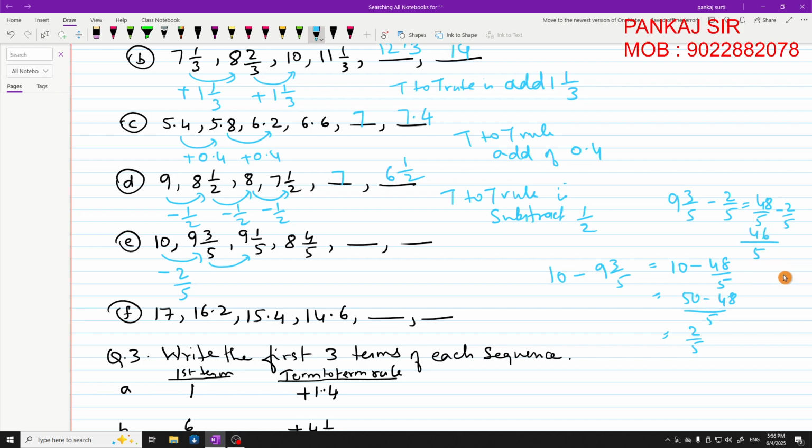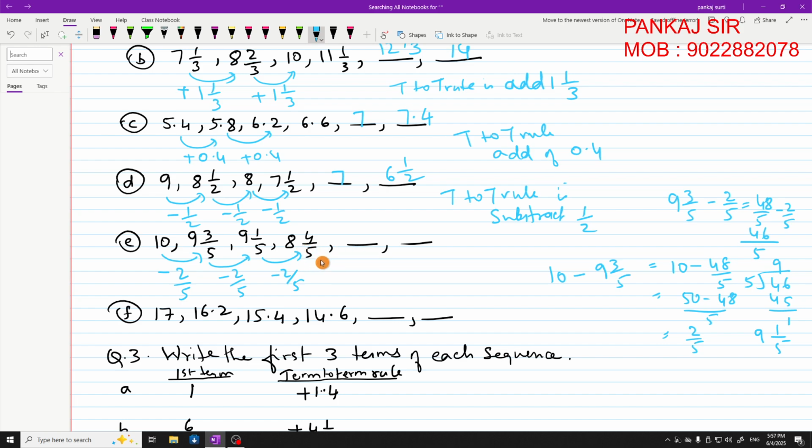And 46 upon 5 can be written in the mixed fraction as 46 divided by 5, right? 5 into 9 is 45. We'll get one remainder. So you can write this as 9 1 by 5. So you are getting 9 1 by 5 here. So again, minus 2 by 5 gives you 9 1 by 5. And this will also happen. So minus 2 by 5 from 9 1 by 5, you will get 8 4 by 5.